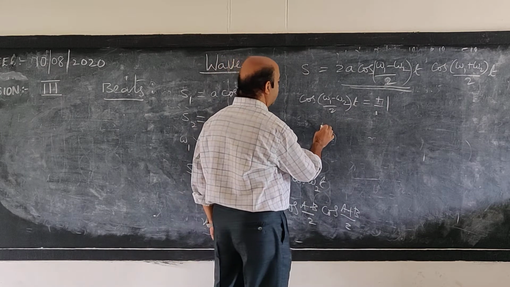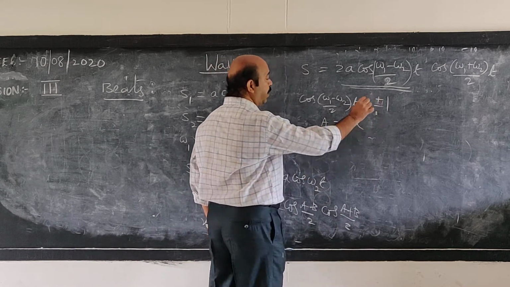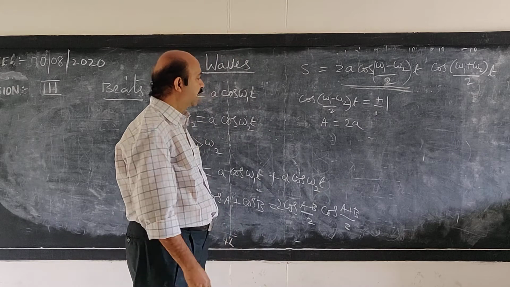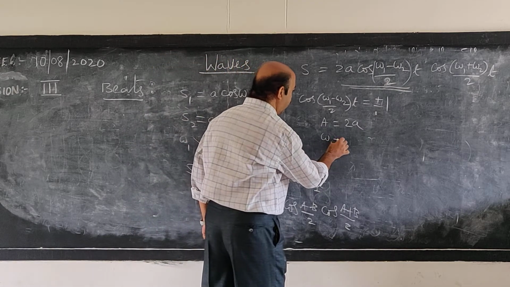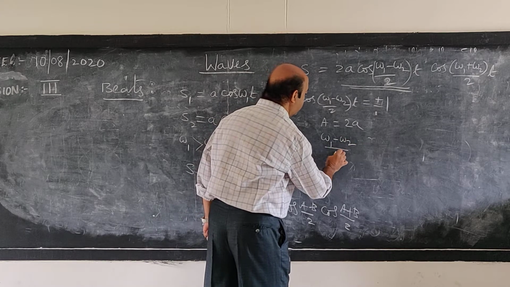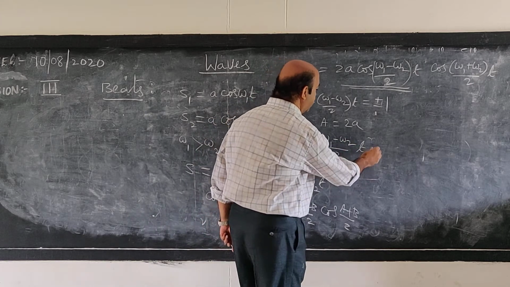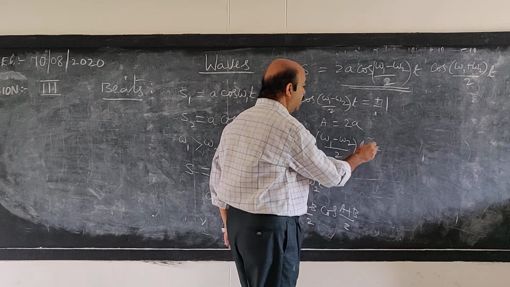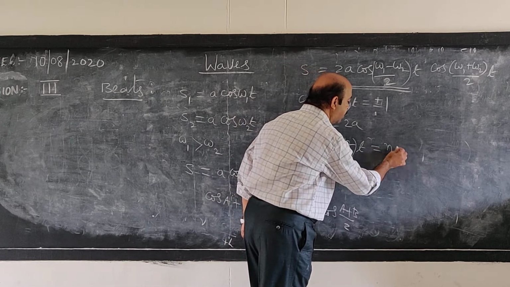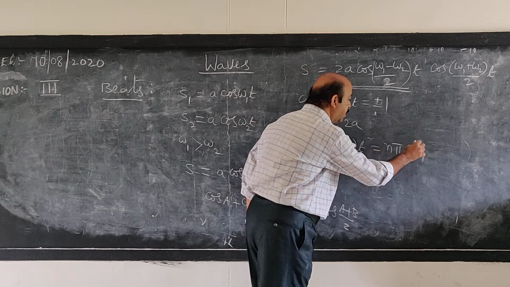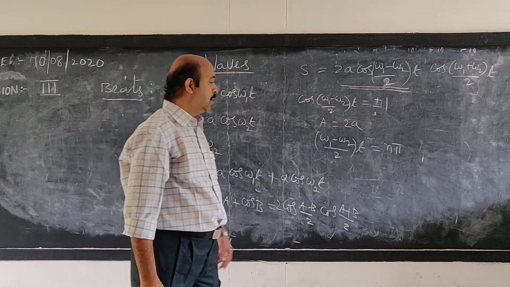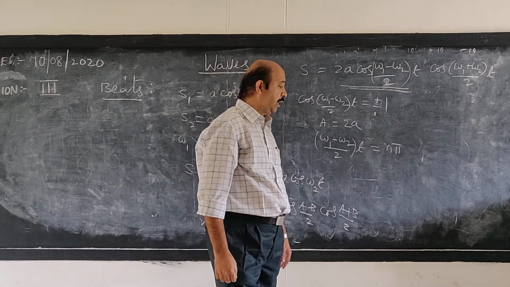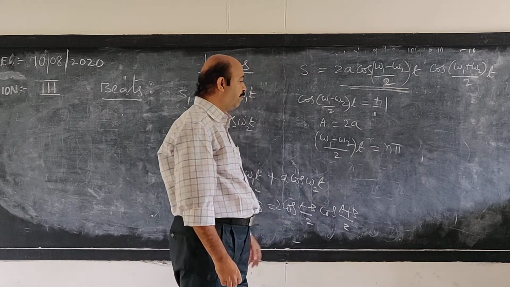In such a case, the amplitude will become 2A. To satisfy that condition, (omega 1 minus omega 2) by 2 times t must be n times pi, where n takes 0, 1, 2, 3 and so on.